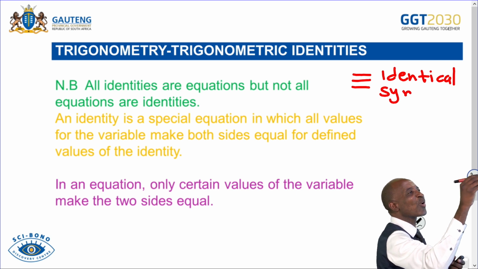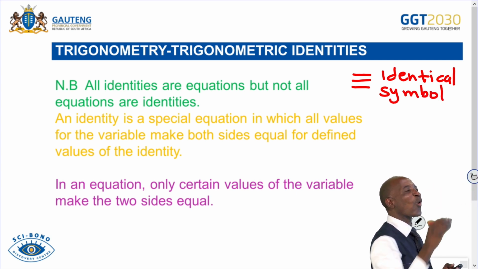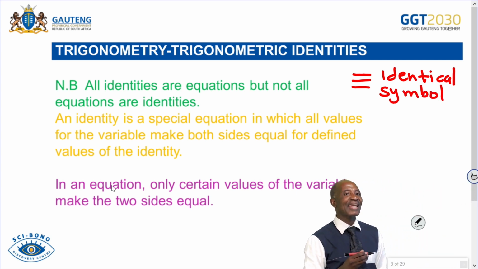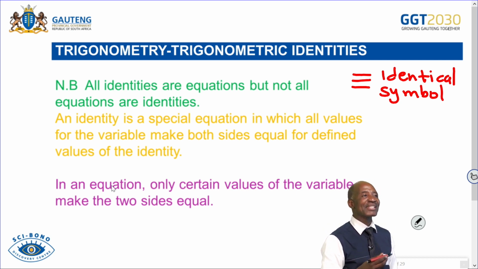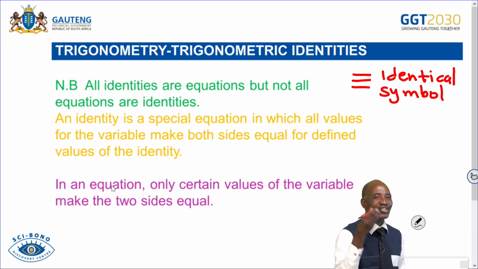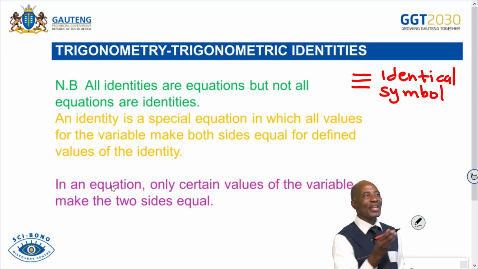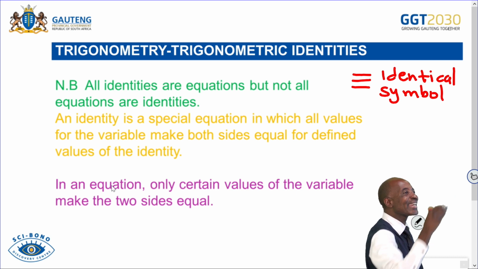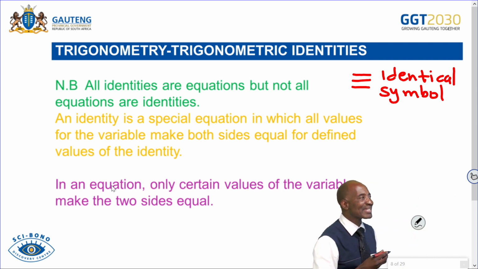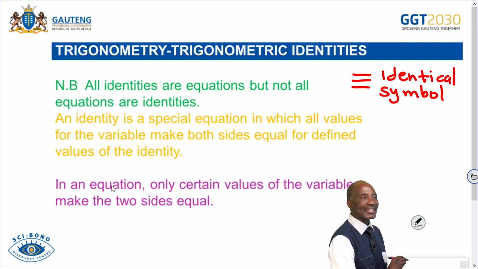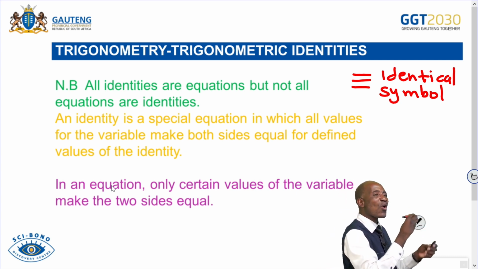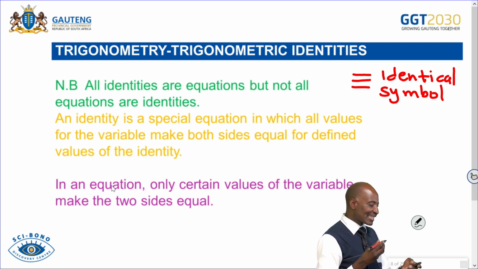The same symbol, we use it when we are comparing triangles to say the triangles are congruent. It indirectly means they are identical to each other. So here, when we use this symbol in our identities, it means the left-hand side is identical to the right-hand side. But then the question is, what then is an identity?